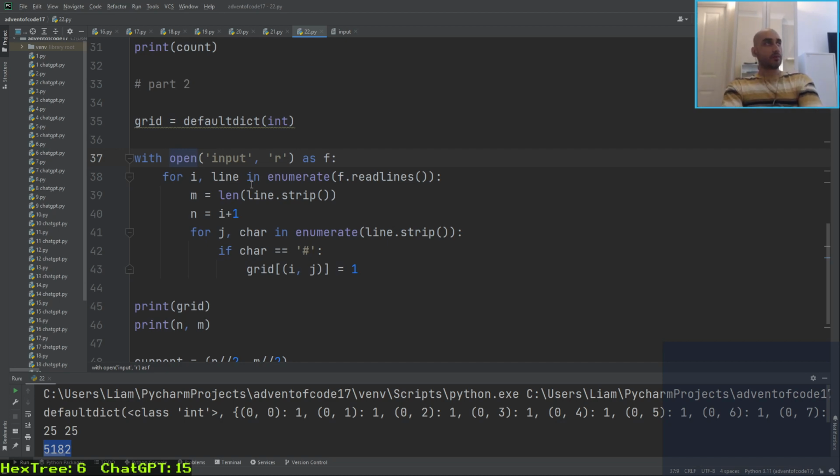Alright, so I guess we want 0 if it's clean, 1 if it's weakened, 2 if it's infected, 3 if it's flagged. Let's make a note here.